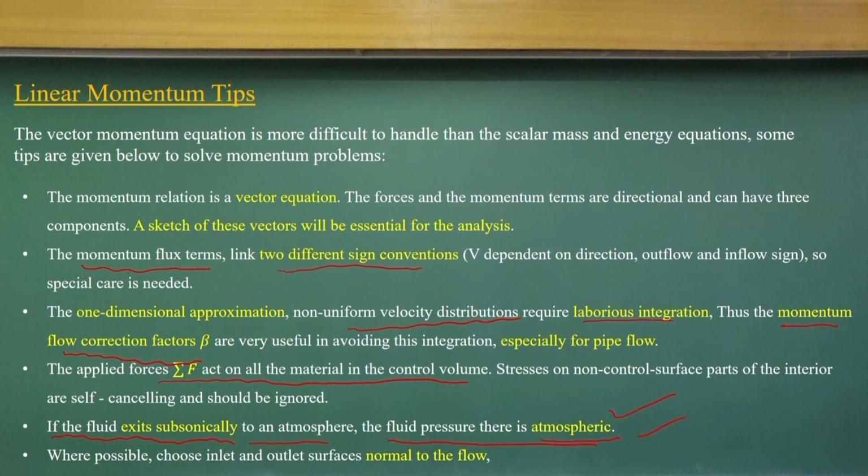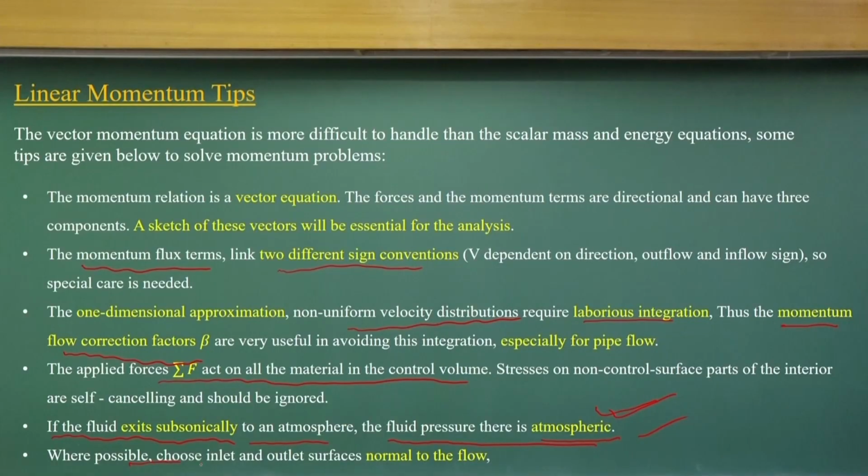So many times we use it whenever the flow jets are going to the atmosphere and we anticipate that the flow is subsonic, that means the flow Mach number is less than 1. In that case the atmospheric pressure assumption is quite valid. And at the appropriate inlet and outlet surfaces, generally we take the flow normal to that.